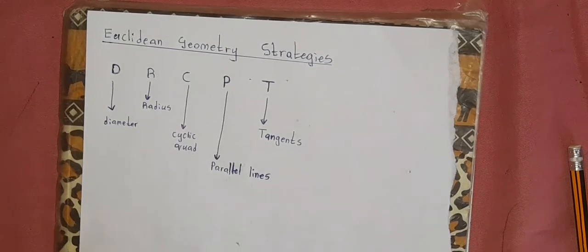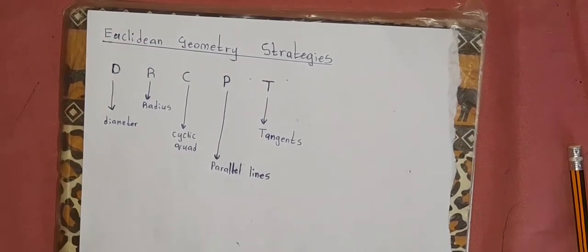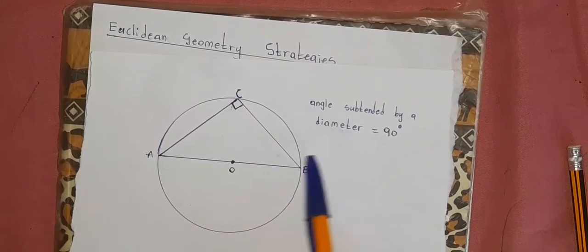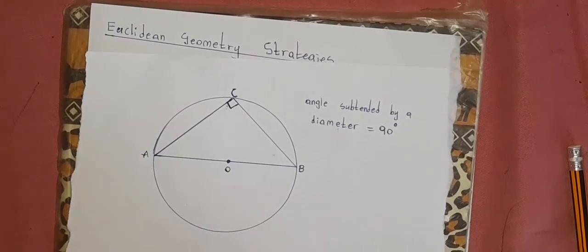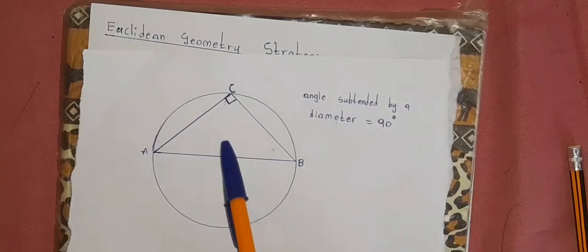Like I said here, the D stands for diameter. If they tell you about a diameter, remember this theorem here, which states that the angle a diameter subtends is equal to 90 degrees, or the angle subtended by a diameter is equal to 90 degrees.